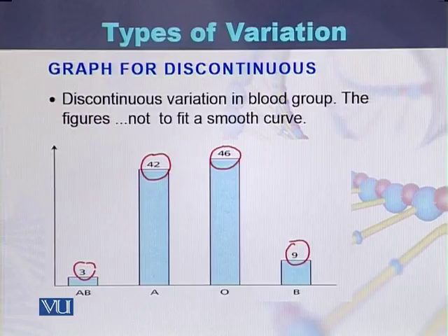We cannot fit this into a smooth curve for discontinuous variations, because these variations are purely controlled by the genetic makeup.